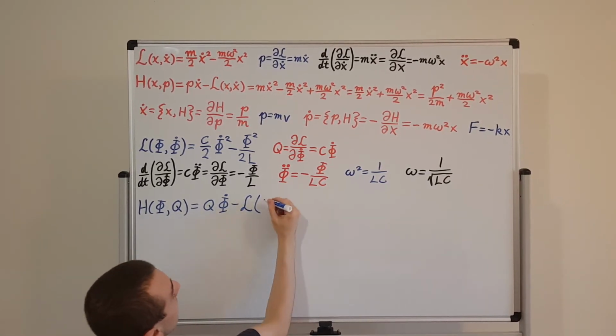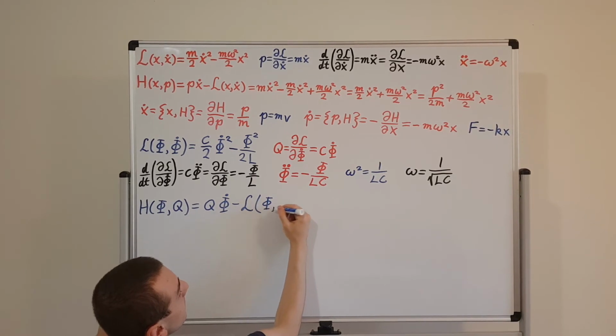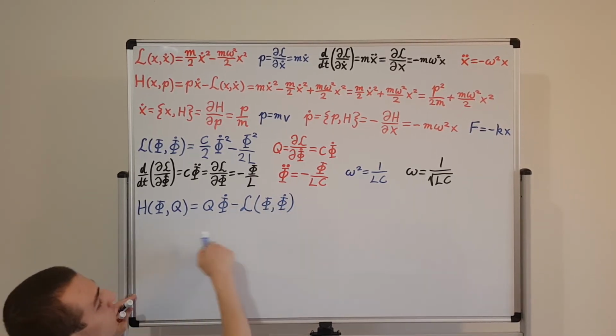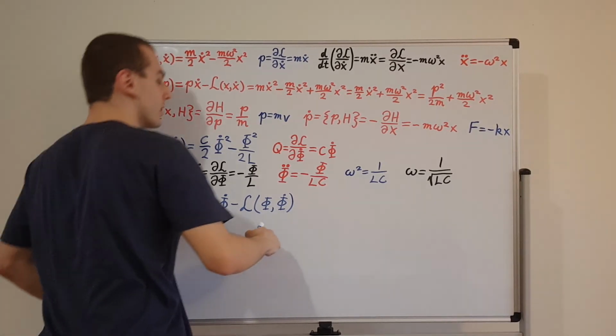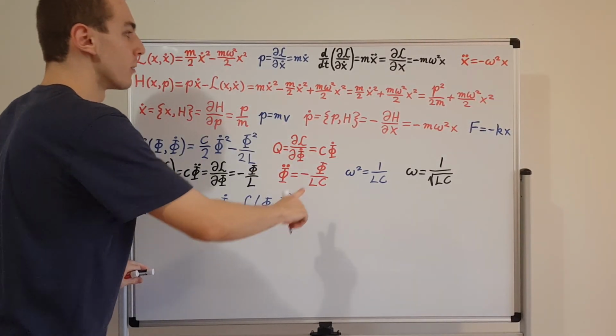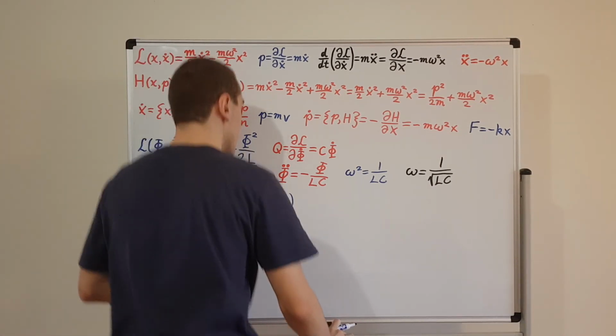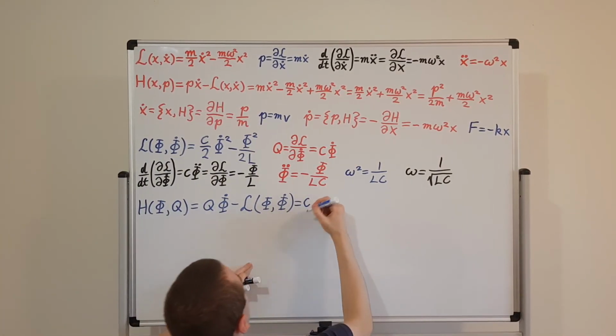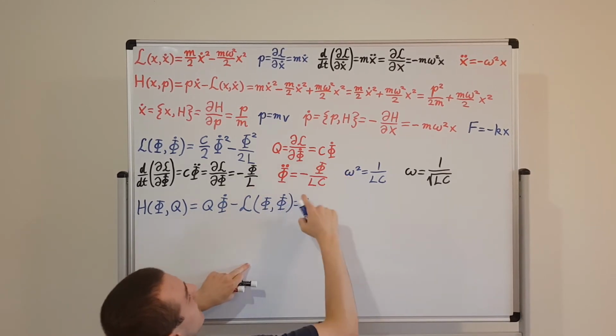And the Lagrangian has this term with the flux, and it also has this dependence over here. So what is that going to give us? Well, that's going to give us a very analogous form to what we have up here. So I'll substitute all of this in. So what we're going to get is Q, well, actually this Q, if we substitute it in, is going to get C.